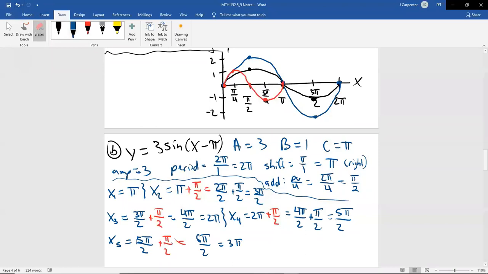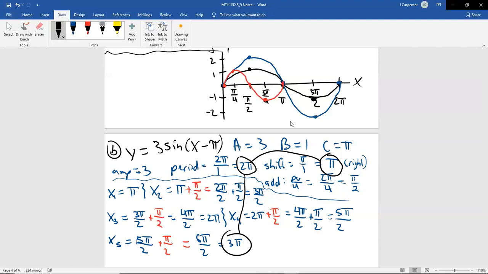Here's a cool little trick. If you take the shifting value and then add the period, you should get the last point. Don't write that on your own notes. I'm just giving you the reference. If you take the shifting value and you add the period, remember, everything should be the same after one period.